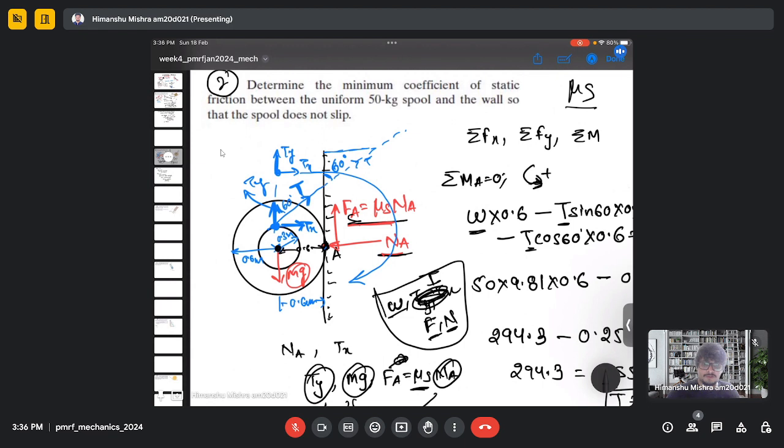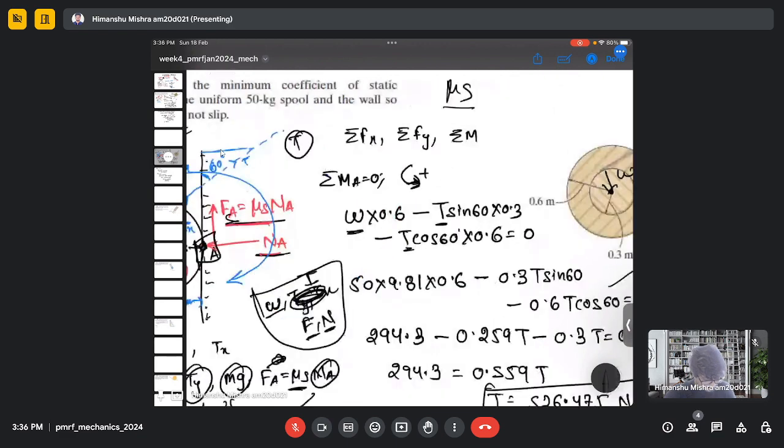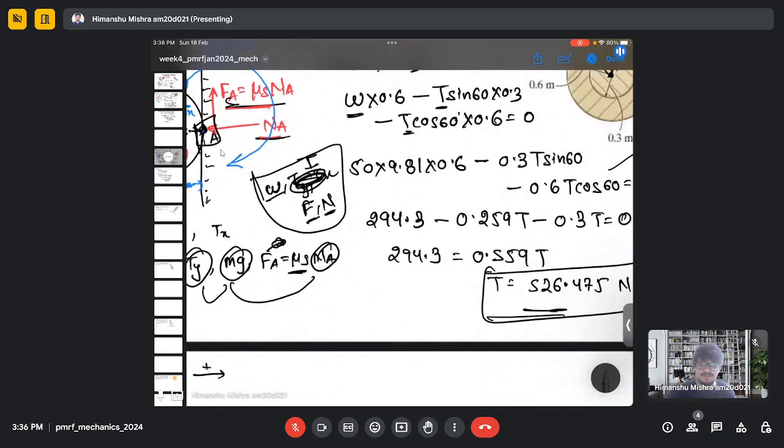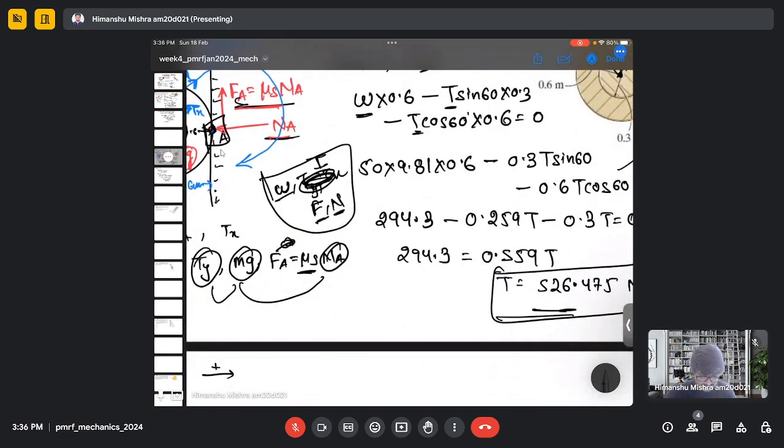So by doing the force balance, first we did the moment balance analysis, where we calculated the tension. We take the moment around point A, so that we can ignore all the forces which are acting at A. So the forces which are not acting at A are tension as well as weight. So we define tension in terms of weight, and we found tension as 526.475 Newton.